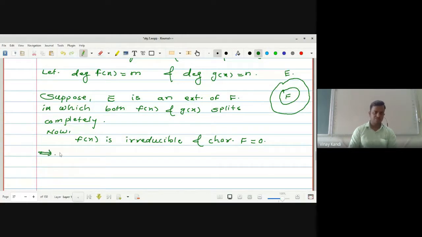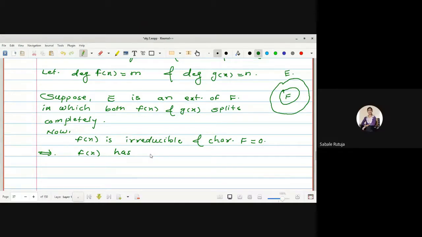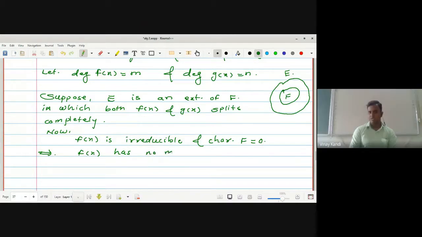This implies, by the previous theorem, f(x) has no multiple roots, that is, all the roots of f(x) are distinct.